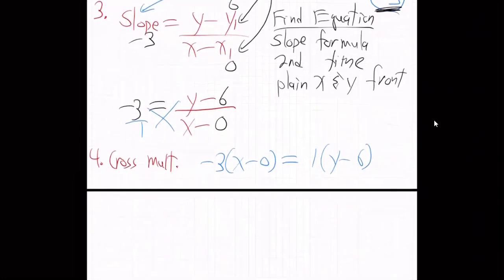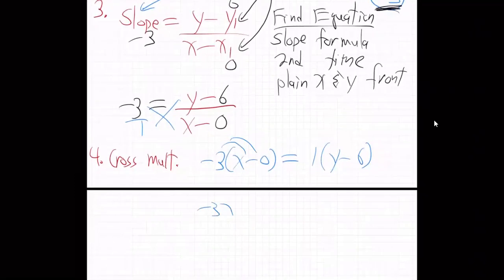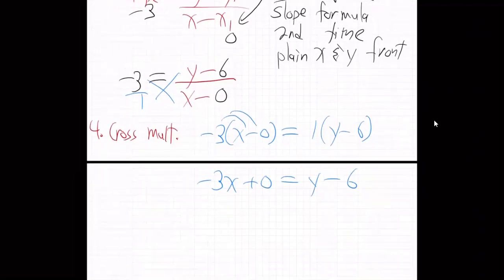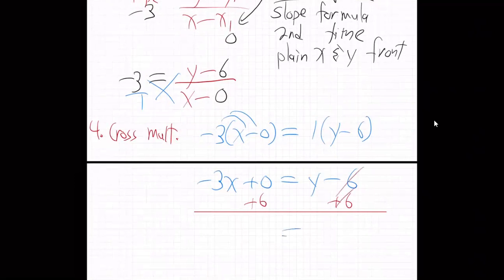And then distribute. Minus 3x plus 0 is y minus 6. And then finish solving for y. Add 6 to both sides. So y is minus 3x plus 6.